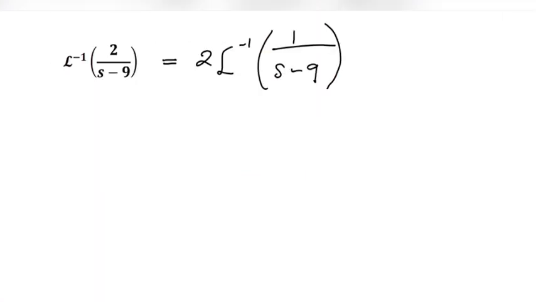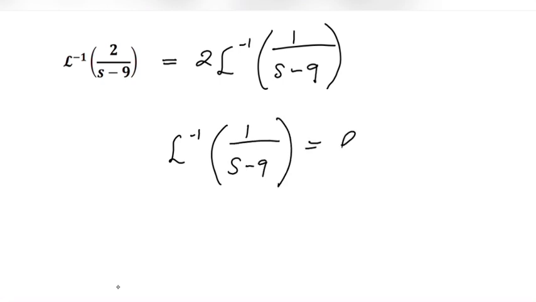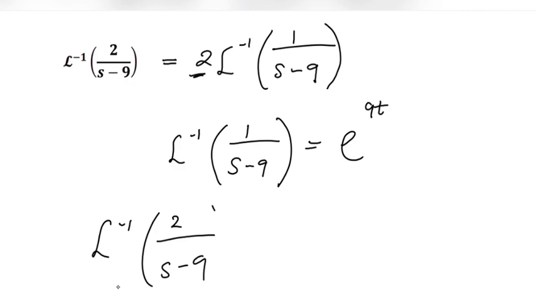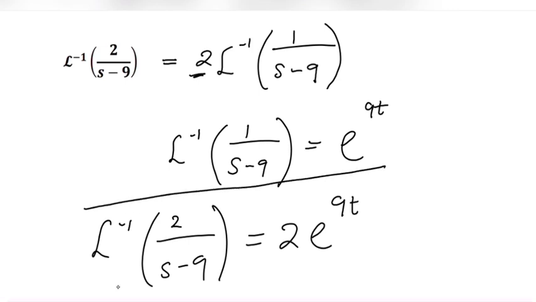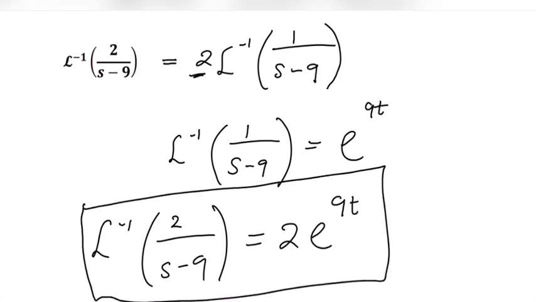If you apply this here, you say that the Laplace inverse of 1 over s minus 9 is just simply exponential 9t. And if you put in this 2 here, you now see that the Laplace inverse of 2 over s minus 9 is just simply 2 exponential 9t. That's how simple it gets.